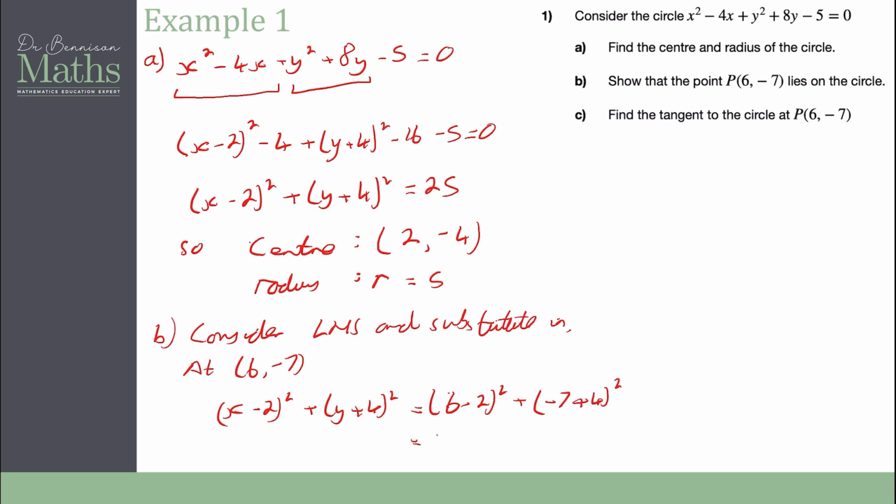Well, 6 minus 2 is 4, so we've got 4 squared plus 3 squared, which is equal to 5 squared, which equals 25. So P lies on the circle.